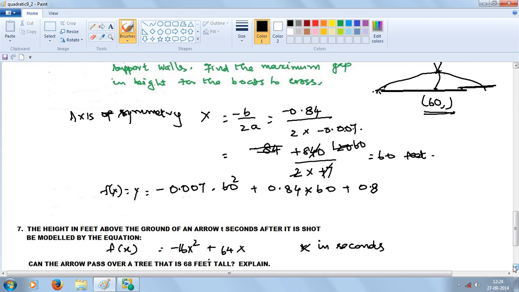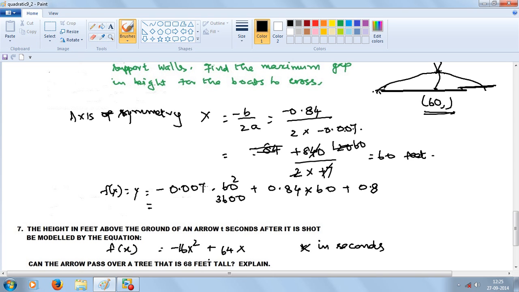So we'll try to multiply this. 60 multiplied by 60 is 3600, multiplied by 7, you know.